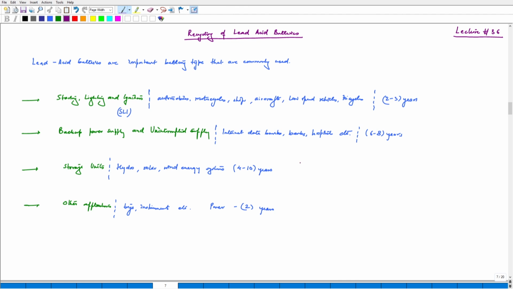Now, why do we need to recycle batteries? Again, the same question. Recycling is important. Why recycle lead acid? We can see that lead acid batteries are sources of lead and acid. In this case, it is sulfuric acid.